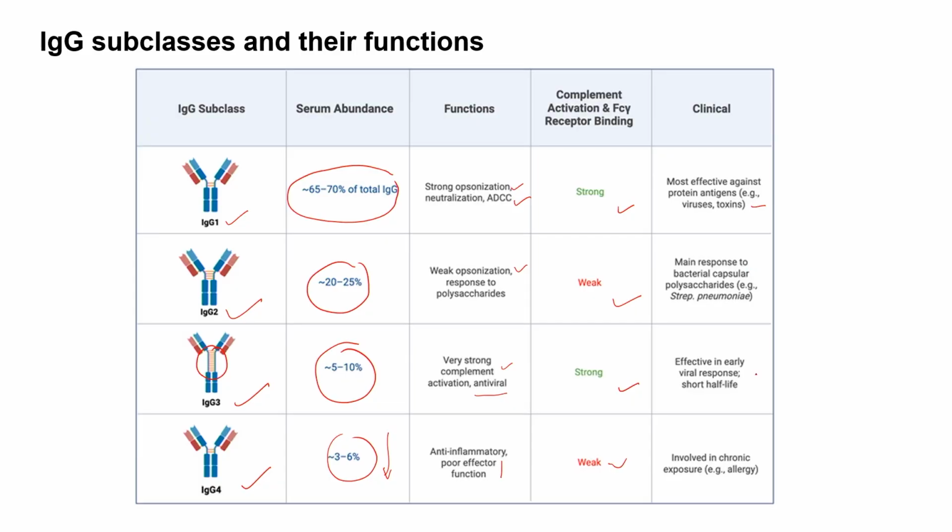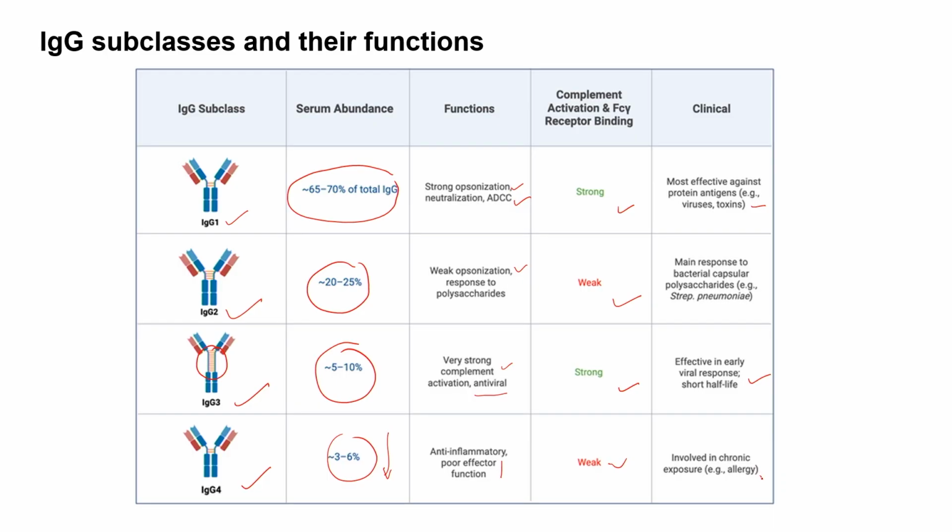but there is another subclass, IgG3, which is important for viral infection, and they have a very short life. These immunoglobulins have specific lifespans. Some are short, some are very long lasting. IgG3 is particularly short lived, and IgG4 is involved in chronic exposure.